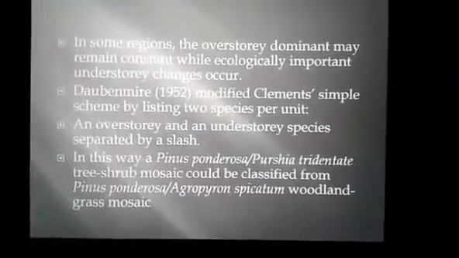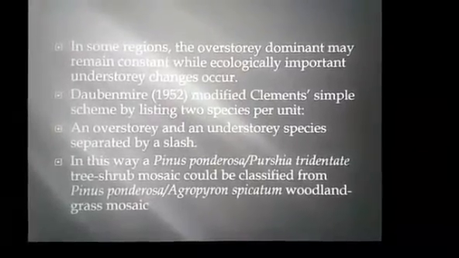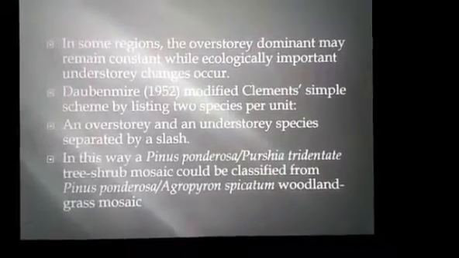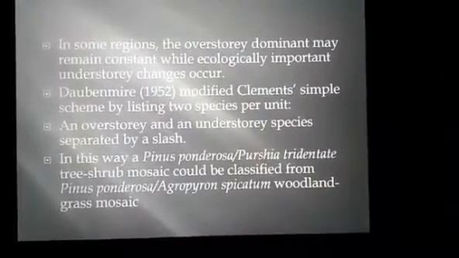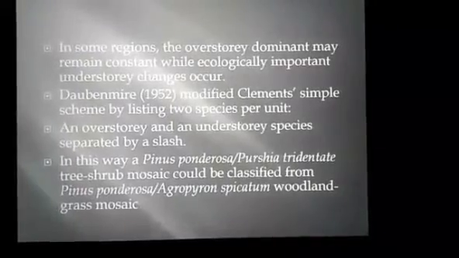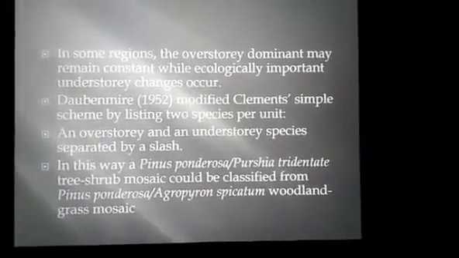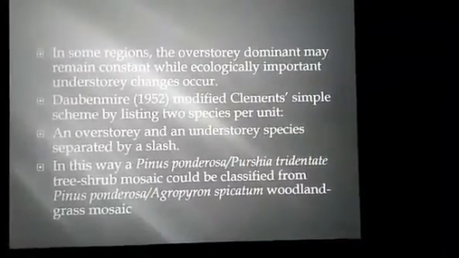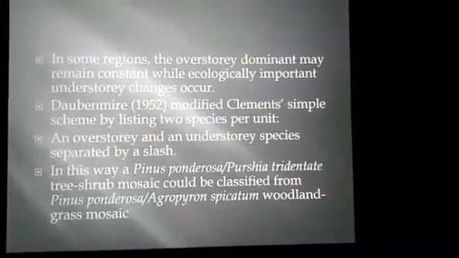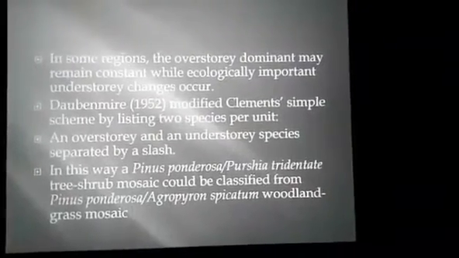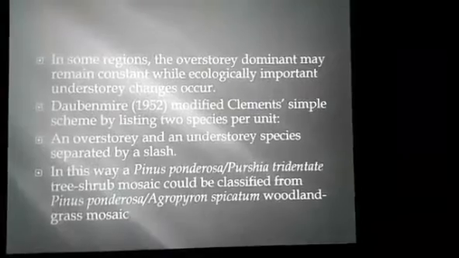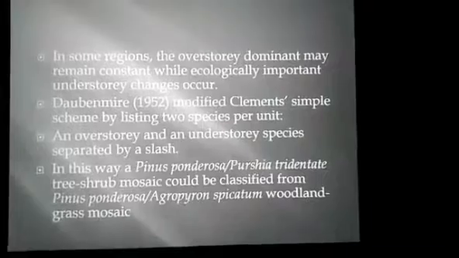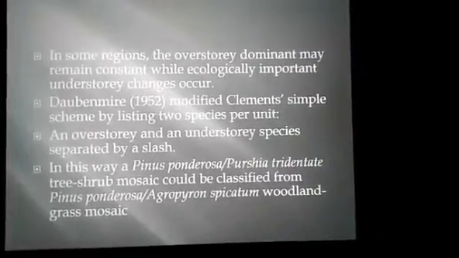So basically what we're trying to say here is that with Clements, they only looked at the overstory species. When we're talking about the overstory species, we mean the large tree species, and not focusing on the smaller plants such as the herbs and also the grasses. So Clements only looked at the large trees, and then they classified their vegetation according to that.